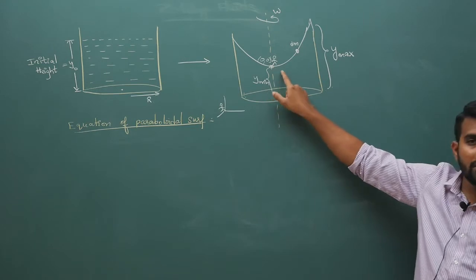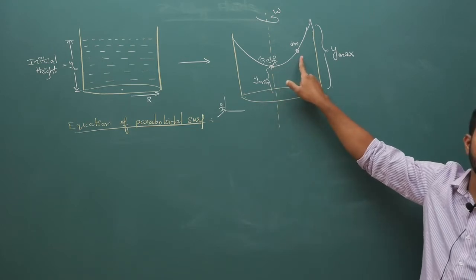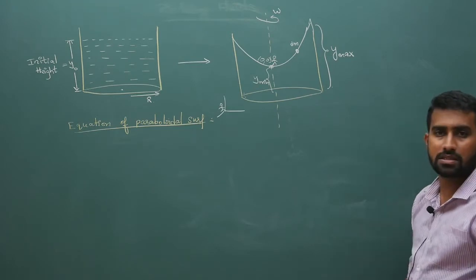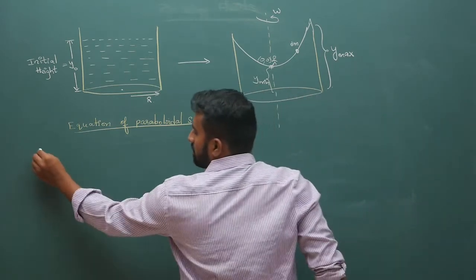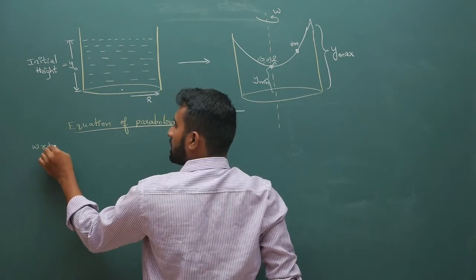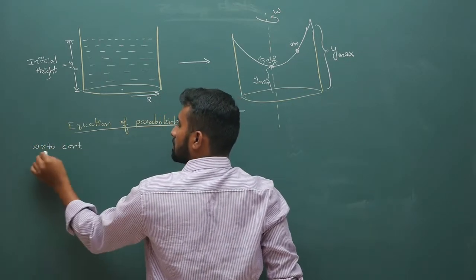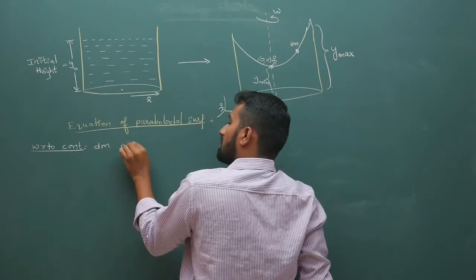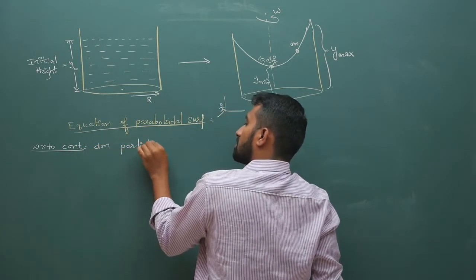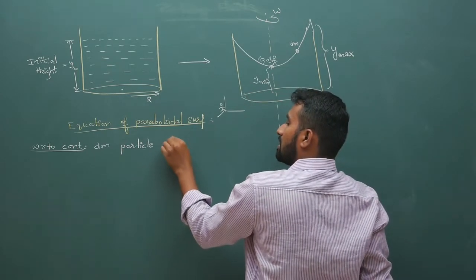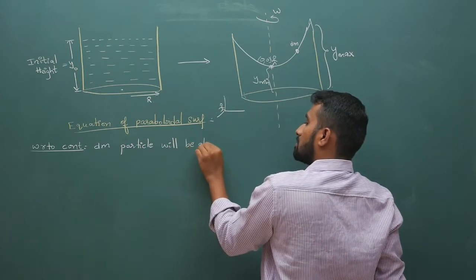With respect to the reference frame of this liquid, this particle will be at rest. So I will consider the reference frame of the container. With respect to the container, the small mass dm particle is at rest.